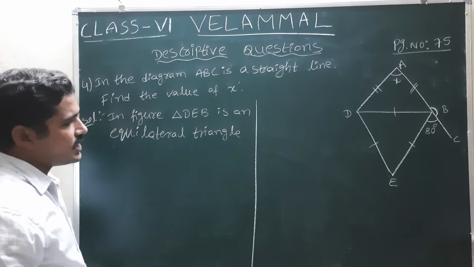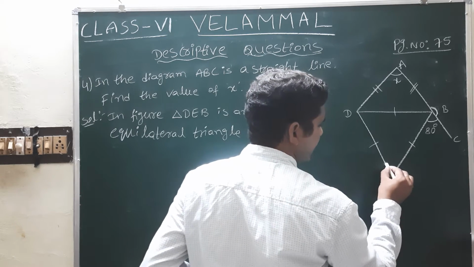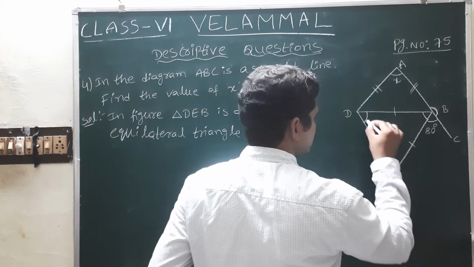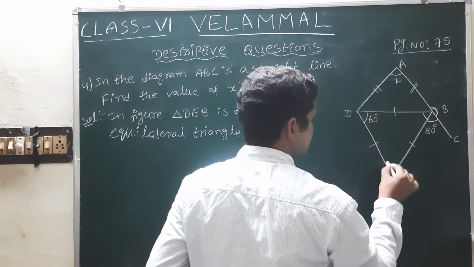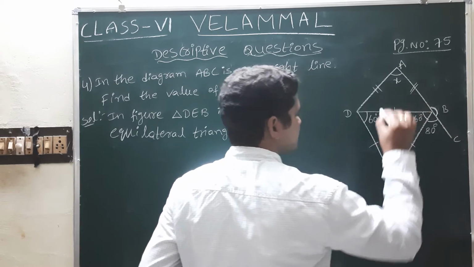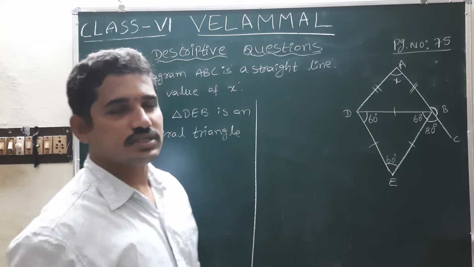Whenever it is an equilateral triangle, we know that all the angles of the equilateral triangle will be equal to 60 degrees. So this one we can say as 60, this one 60, and this one 60.